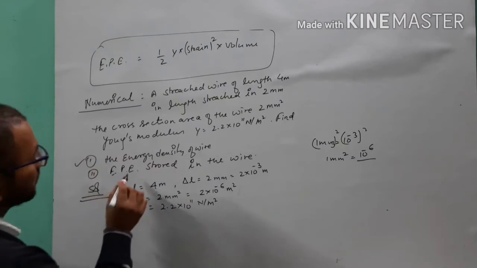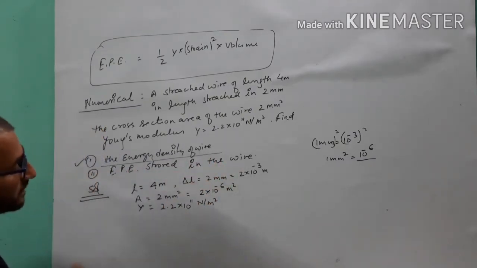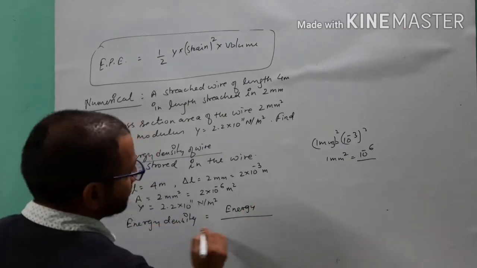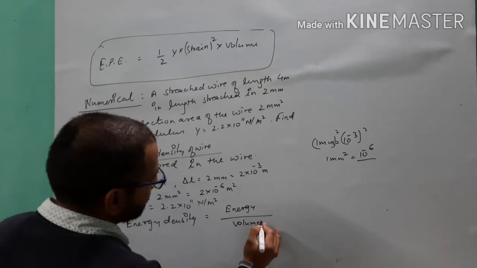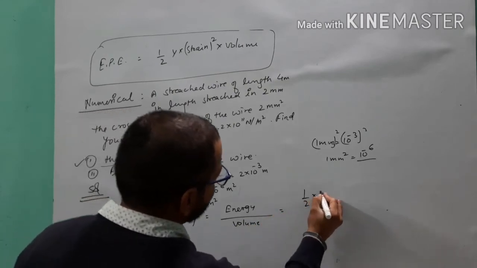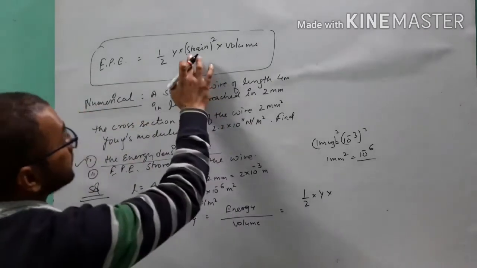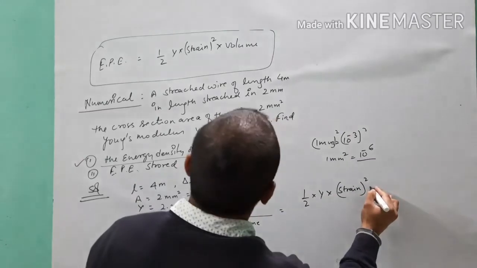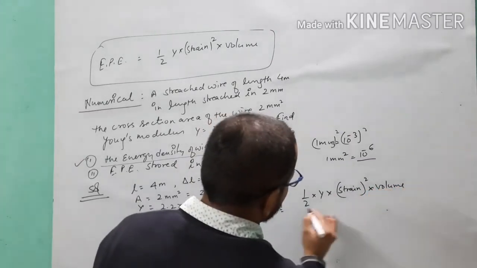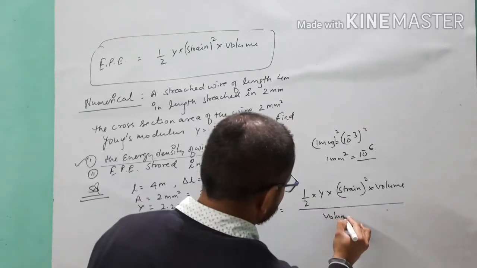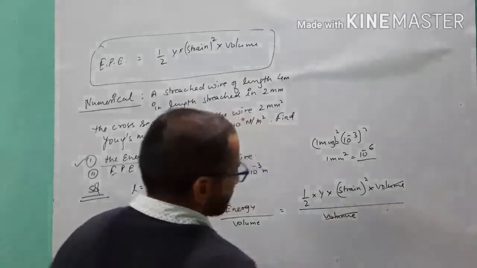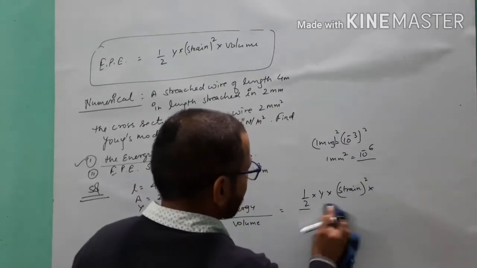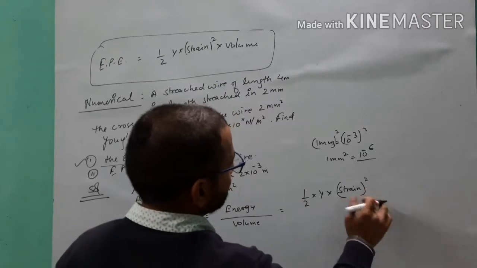First, we are asked to find the energy density, potential energy over volume. So we have potential energy half into Young's modulus into strain square into volume, and here volume is also there, so volume cancels out. So we have the remaining formula, half Y into strain square.